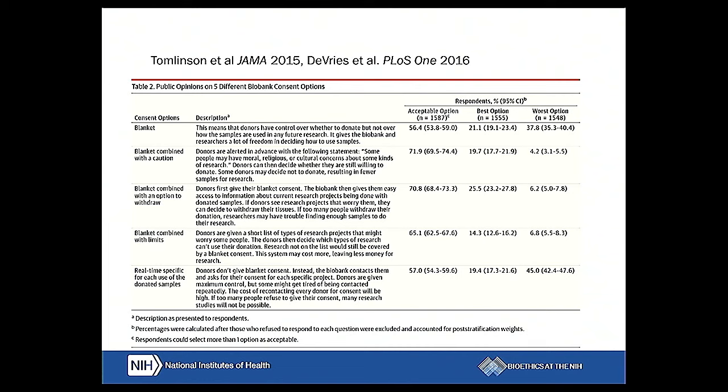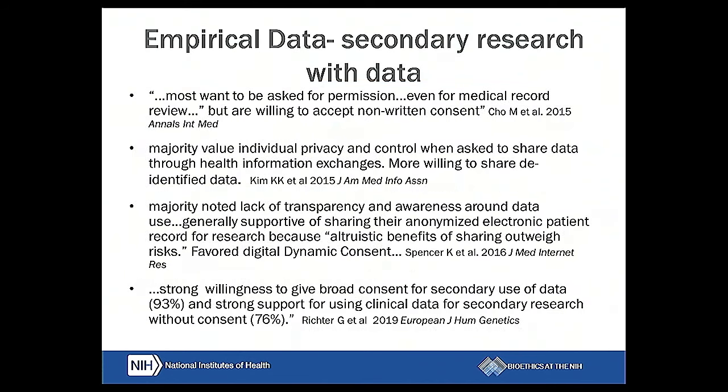And I would contend that the three in the middle, even though none of them are called broad in this study, are all versions of broad consent. They're consent with caution, consent with an option to withdraw, consent with combined some limits. They're all some version of broad consent. So there's some confusion about what broad consent really is.